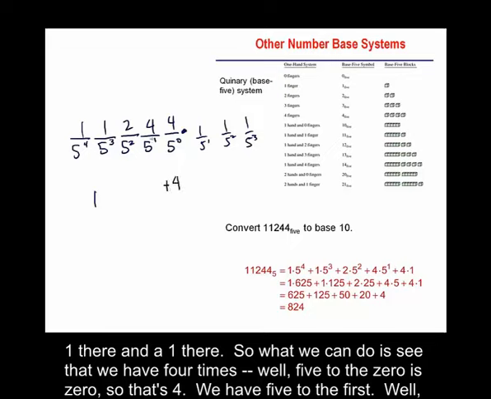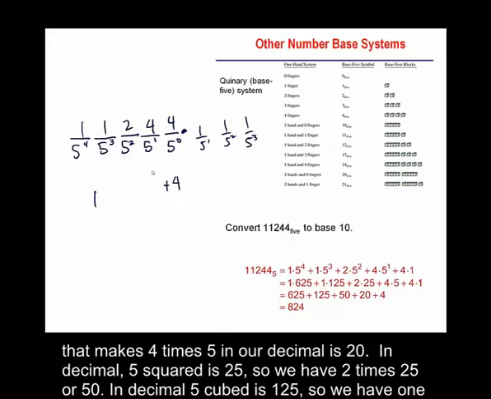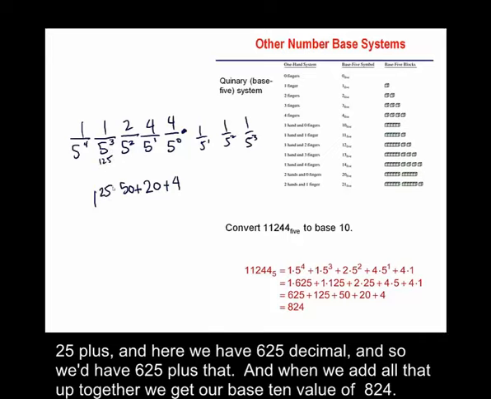We have 5 to the first, so 4 times 5 in decimal is 20. In decimal, 5 squared is 25, so we have 2 times 25, or 50. In decimal, 5 cubed is 125, so we have 125 plus 50, and here we'd have 625 decimal, and we'd have 625 plus that, and when we add all that up together, we get our base 10 value of 824.